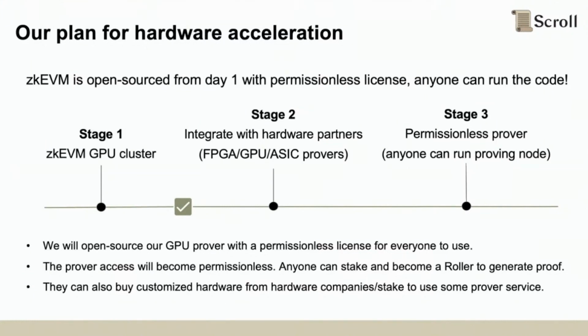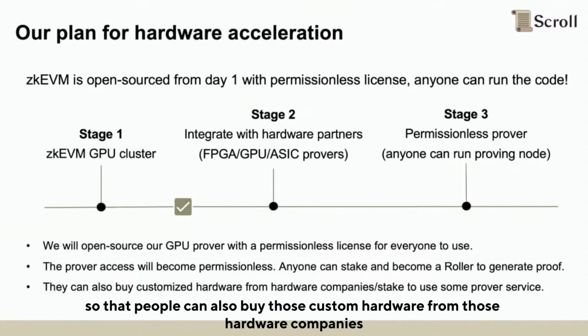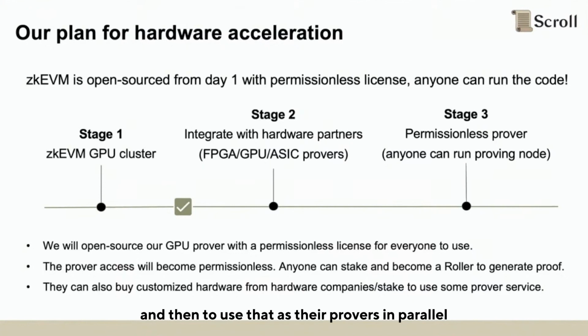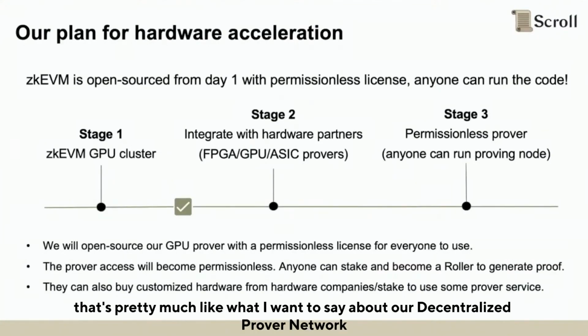And if by that time there are solutions from hardware companies, people can also buy that custom hardware and use it as their provers in parallel. So yeah, that's pretty much what I wanted to say about our decentralized prover network.